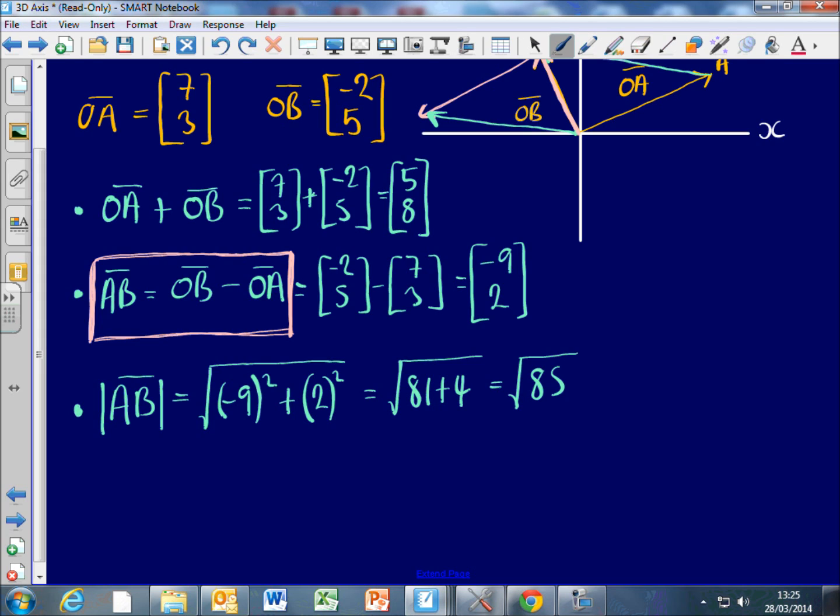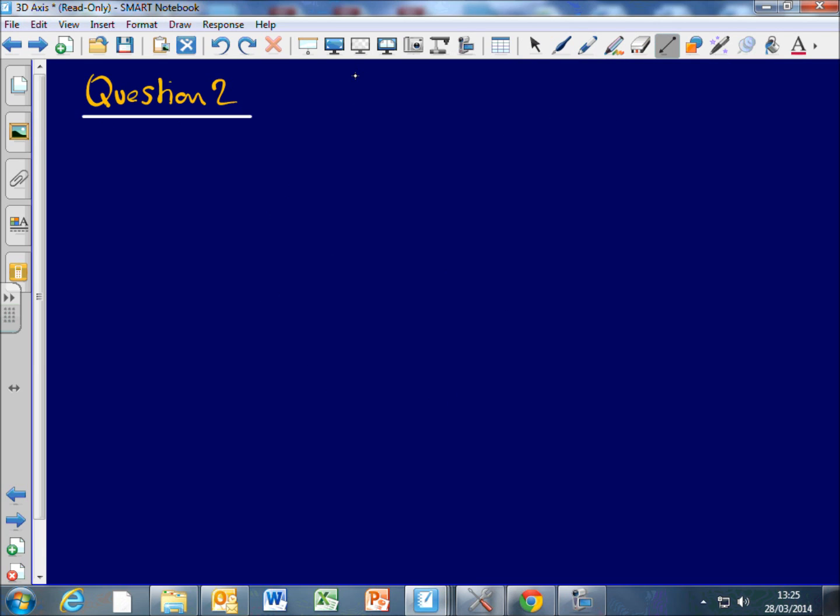So shall we do the same sort of thing again, but shall we change it to 3 dimensions, and then we're going to talk more about the dot product. Okay, so shall we have position vectors again? So we'll have O to A. What do you reckon for this? Anybody? 3, 2, 6.